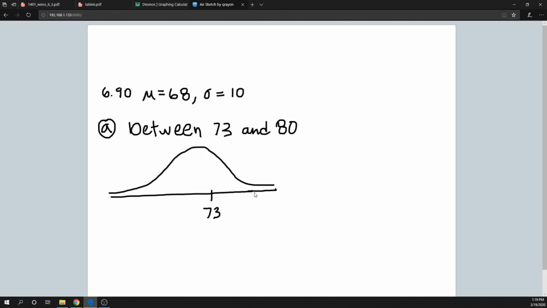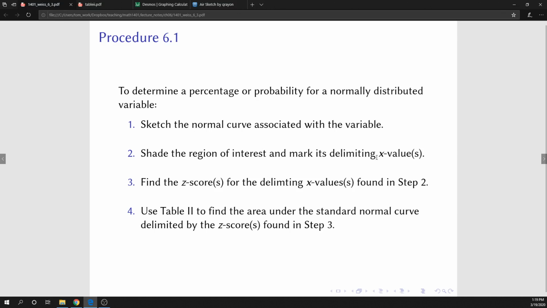So 73 and 80 would be somewhere over here, more to the right. Those are the delimiting values, the values that surround the region, and we want to find the area of that little region right there. That is step 2.